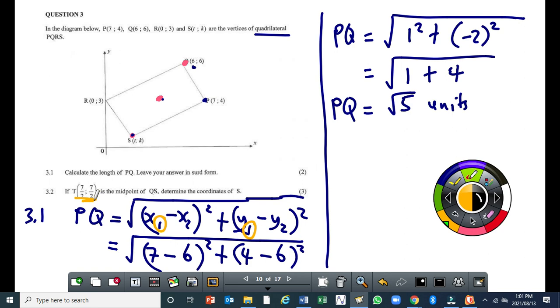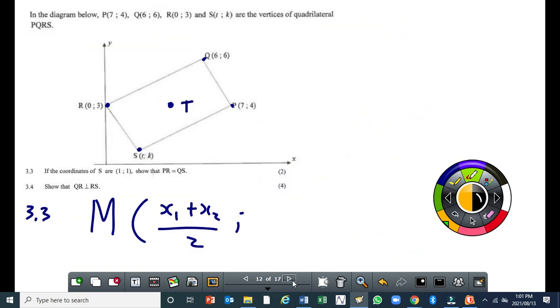So I just have to prove that if I calculate the midpoint of PR, it's going to be equivalent to the midpoint of QS. Okay? So if I get the same coordinates of the midpoint of PR as the coordinates of T, then I can conclude that therefore PR is equal to QS.